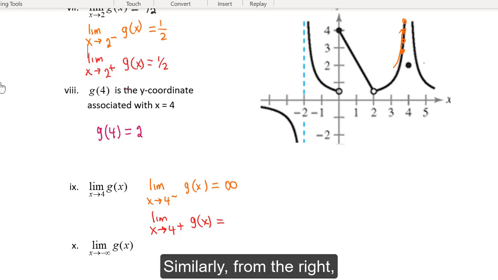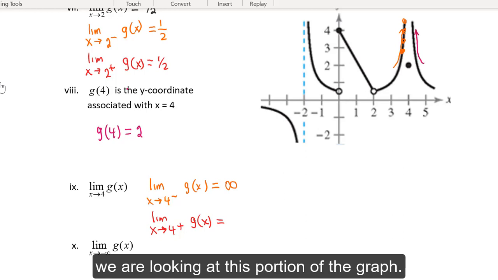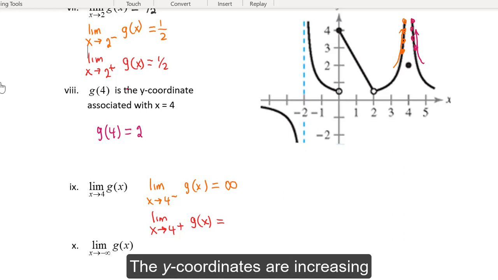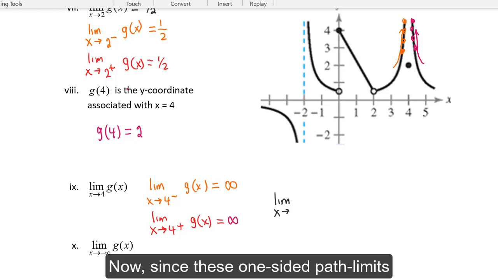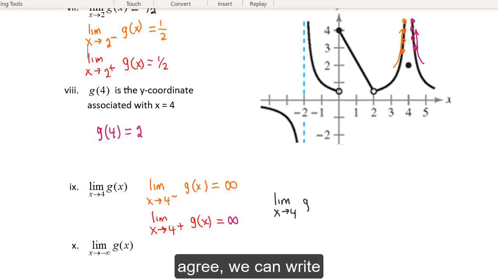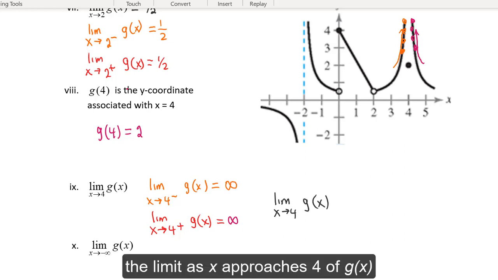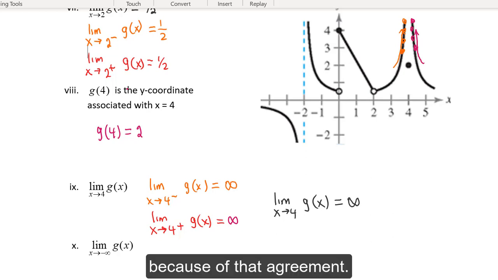Similarly, from the right, we are looking at this portion of the graph. The y-coordinates are increasing without bound. The limit from the right is positive infinity. Now, since these one-sided path limits agree, we can write the limit as x approaches 4 of g of x equals positive infinity because of that agreement. Still, the limit does not exist because it's not a finite number.